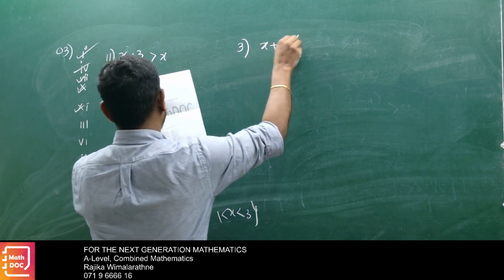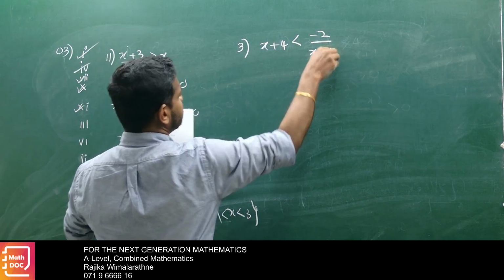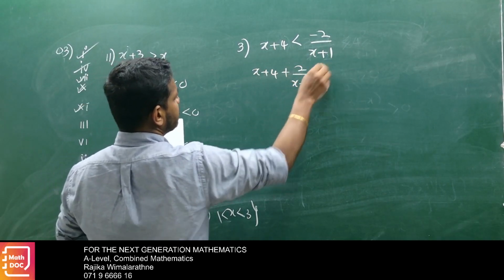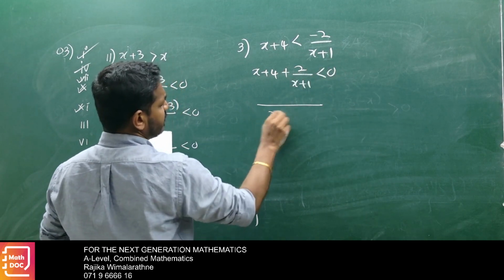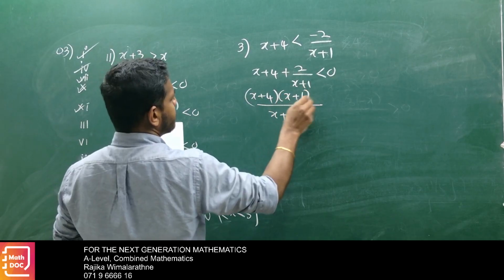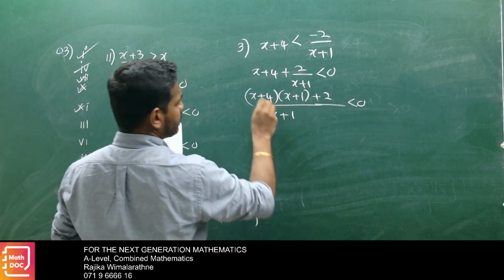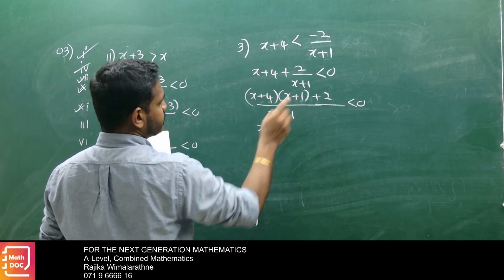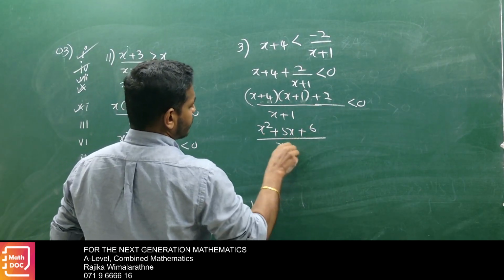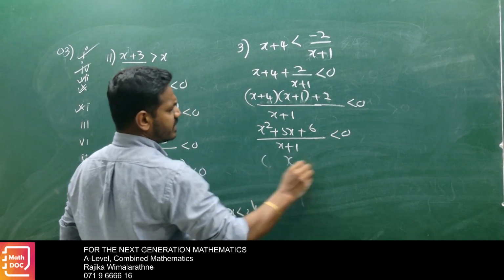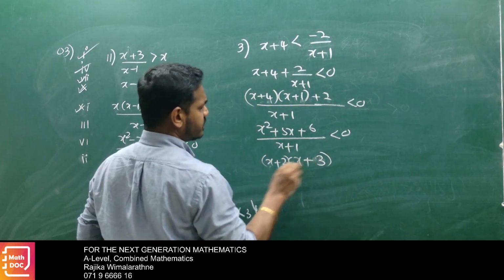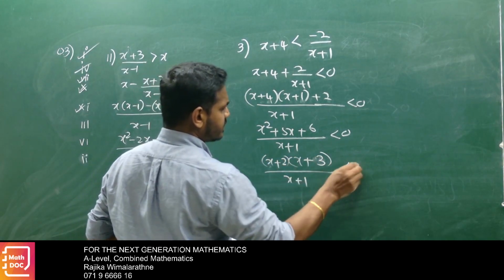x plus 4 is less than minus 2 over x plus 1. Take this here: x plus 4 plus 2 over x plus 1 is less than 0. Get a common denominator. Then here x squared, 4x plus x, 5x, 4 plus 2, 6. Then factorize: x plus 3, x plus 2, over x plus 1 is less than 0.